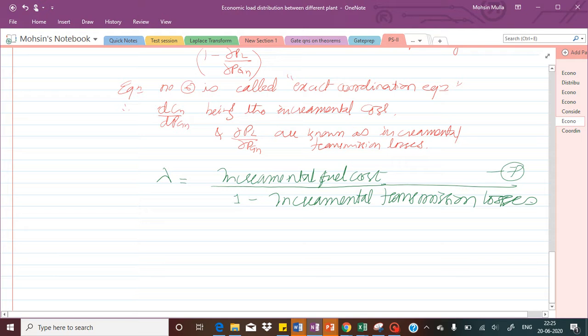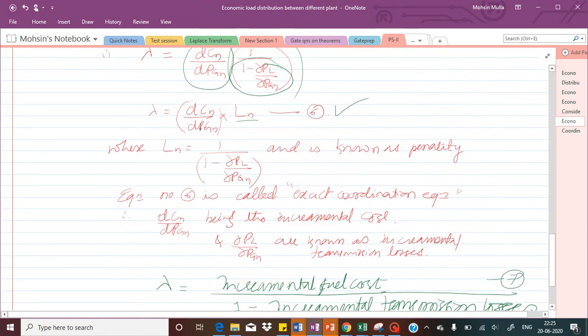Also from equation 6 we can obtain the following. Equation 6 represents lambda equals dCn by dPgn into Ln.